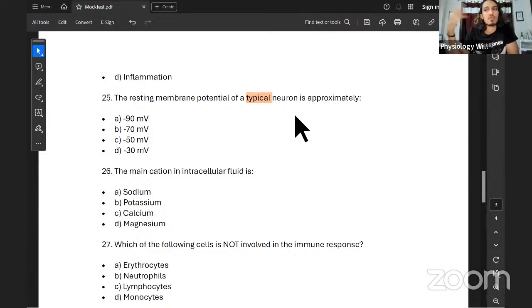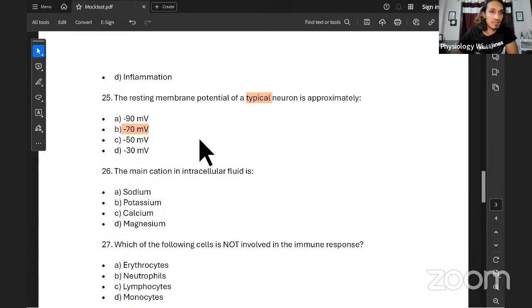Larger neurons have minus 90 millivolt, but this has a big range. Okay. So again, what exactly the person who made the question thought of when they mean typical neuron is not clear. But then again, I go for this answer.